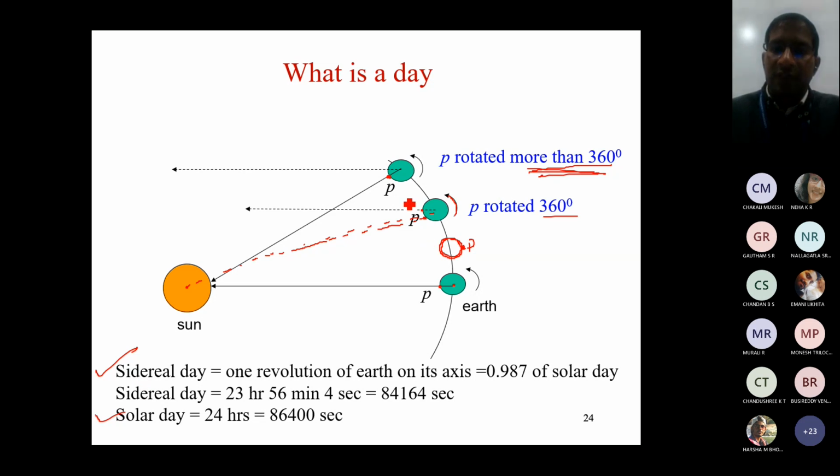But from today noon to next day noon, your Earth rotates more than 360 degrees, and we call that a solar day. So the solar day is equal to 24 hours. The sidereal day is not 24 hours, but less than 24 hours. That is equal to 23 hours 56 minutes and 4 seconds, which is equal to 84,164 seconds.